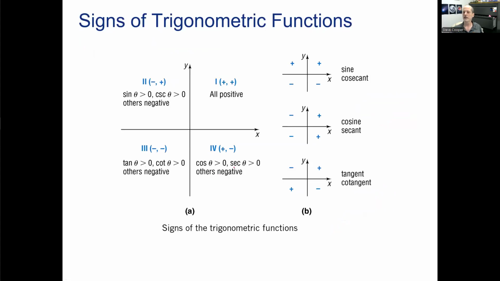These are just some things you can glean off of this if you think about it. The sine and the cosecant have this quality. If I take a sine or a cosecant above the x-axis in either quadrant 1 or 2, then we'll get a positive result.